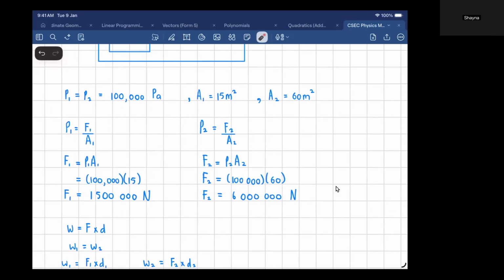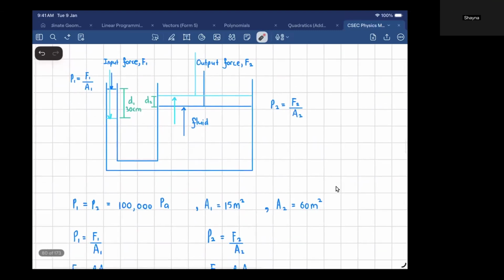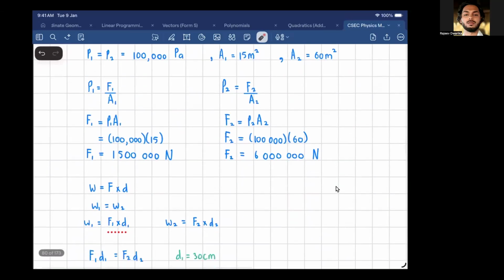Right. And what was the force felt at the output? 6 million. But it moved a small distance. Why would that be useful? Shayna, what's happening to the force?